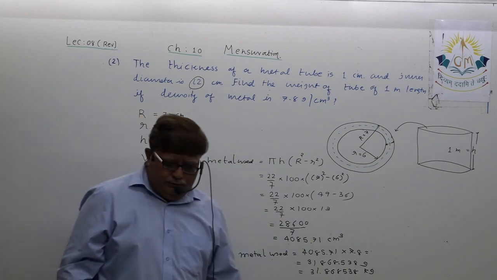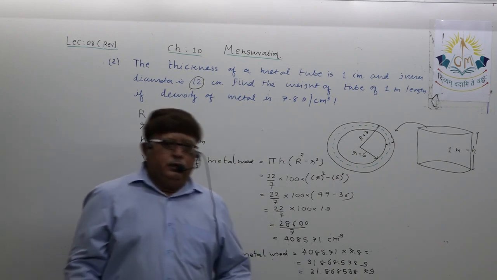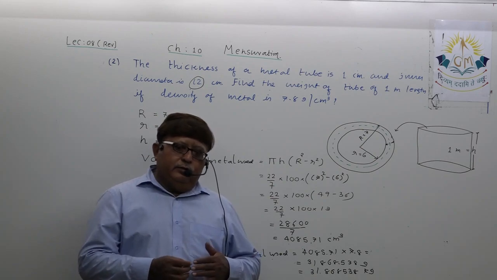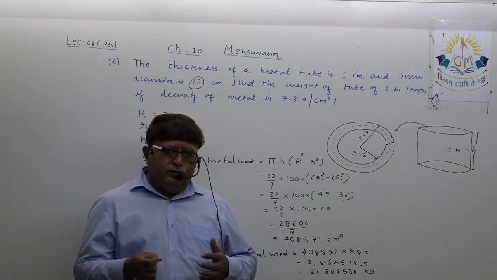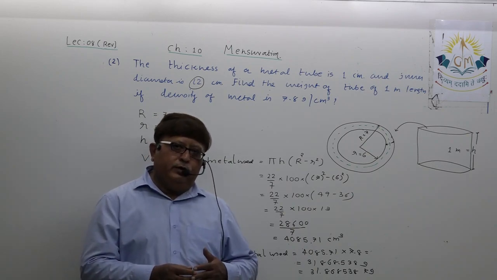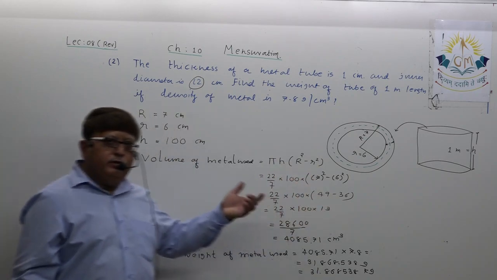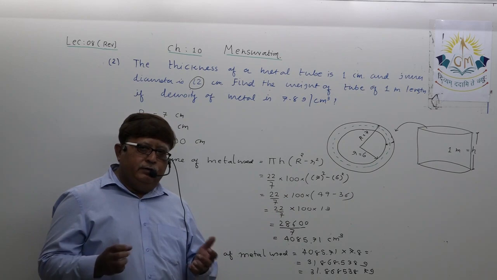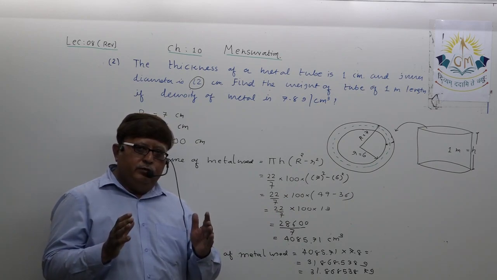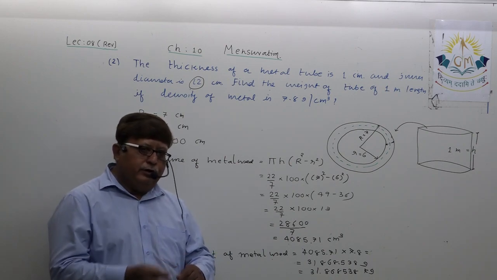So dear student, as you all know, our target in today's lecture was to explain the examples where you will come across not a solid but a hollow solid, where you need to find the volume of the metal used in constructing such a solid.